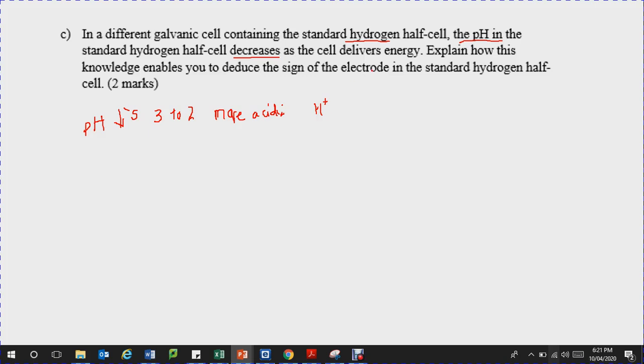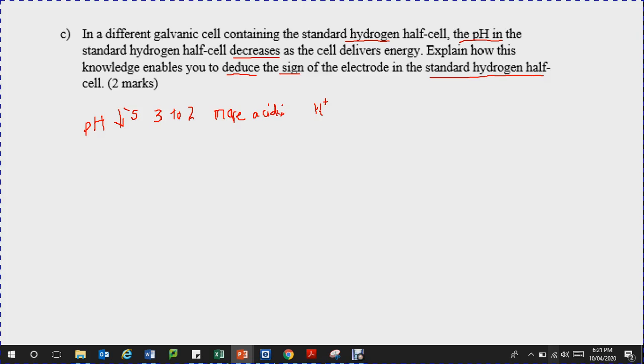Explain how this knowledge enables you to deduce the sign of the electrode in the standard hydrogen half cell. I know that the pH decreases, so there are more hydrogen ions in there as my half cell is running.